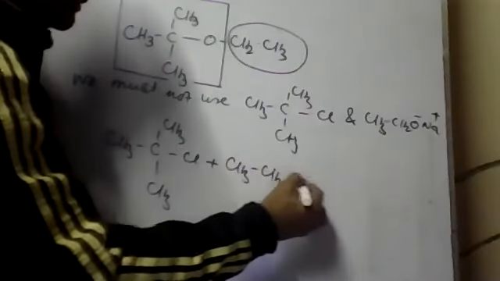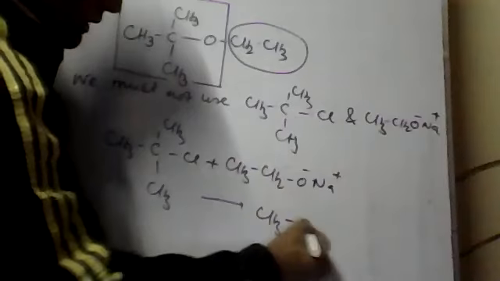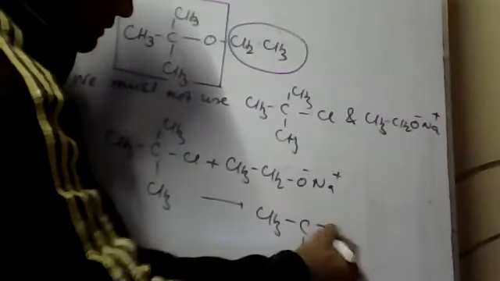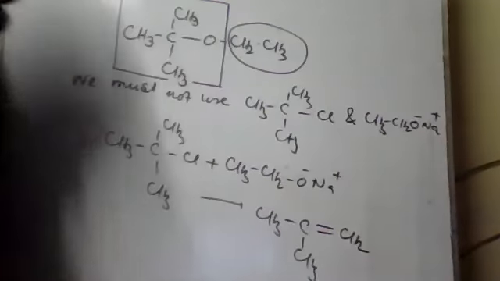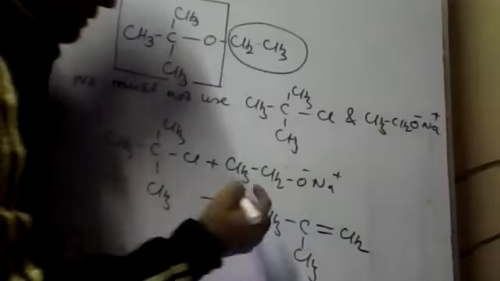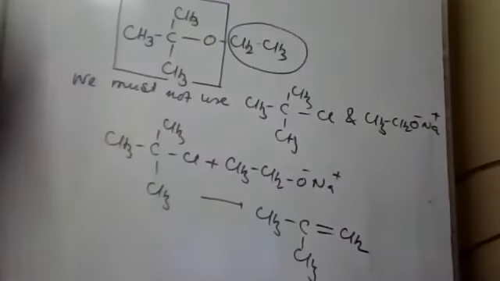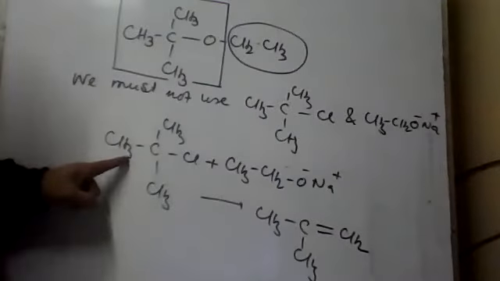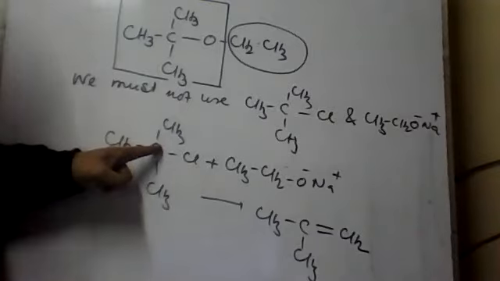The major product will be 2-methylpropene, because beta elimination will take place, because this carbocation is very stable.